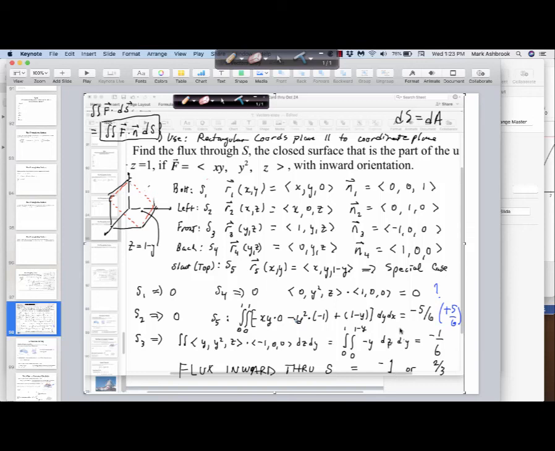So you were right that the value of the integral is 5/6, but that special case is for upward Z orientation. So for inward orientation of the whole surface, we need to make it negative 5/6, and then the net flux will be the -1. Okay, hope that clears it up.